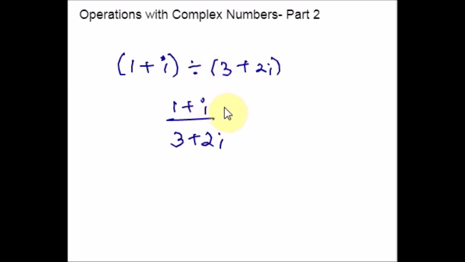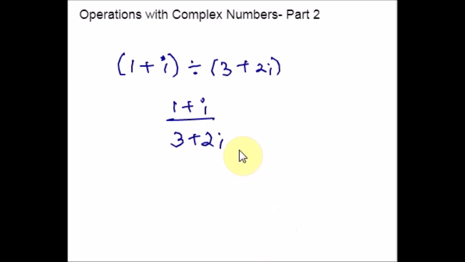The only way to clean up this division problem is to cancel the imaginary numbers in the denominator. We will do so by multiplying the denominator by its complex conjugate. The complex conjugate of 3 plus 2i is 3 minus 2i. So, I am going to multiply and divide both numerator and denominator by 3 minus 2i, the conjugate of the denominator.